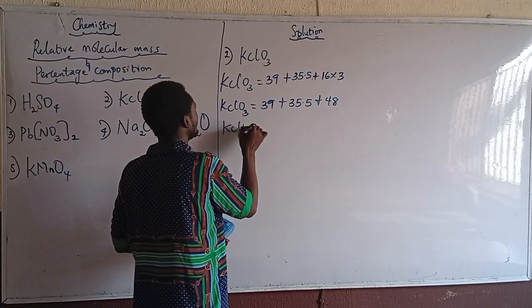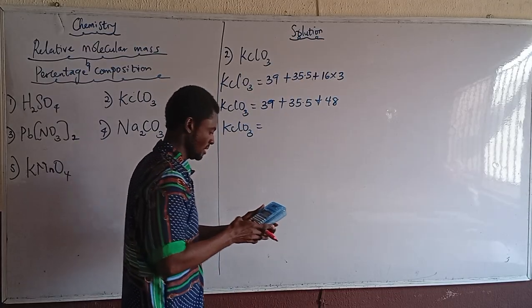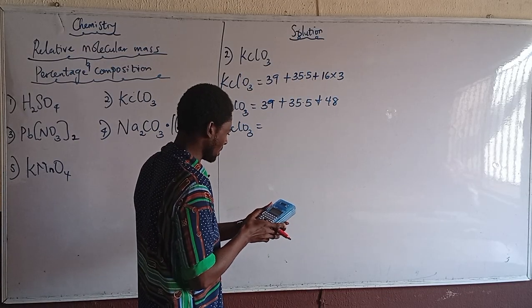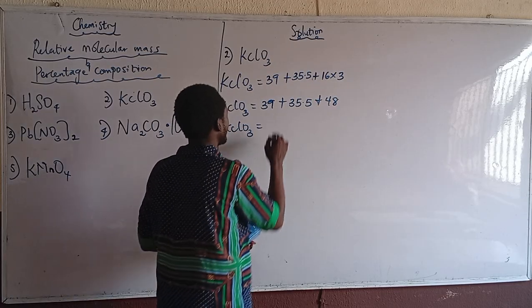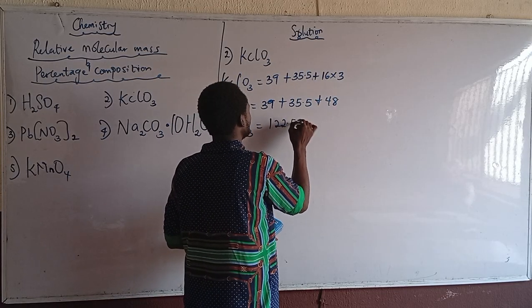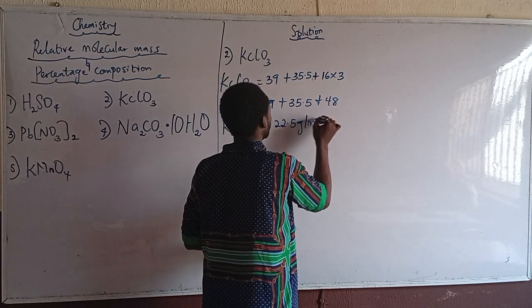So KClO3 becomes 39 plus 35.5 plus 48. That is 122.5 gram per mole.